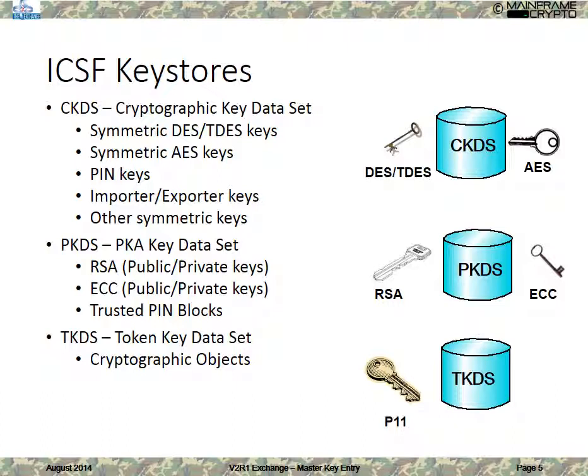Private keys, on the other hand, if you remember when we talked about asymmetric encryption, with a private key, you're the only person that will ever use a private key. You don't need to share that. You don't want to share that with anybody else. So private keys stored in the PKDS will be encrypted under the appropriate master key, the RSA master key for RSA private keys and the ECC master key for ECC private keys.